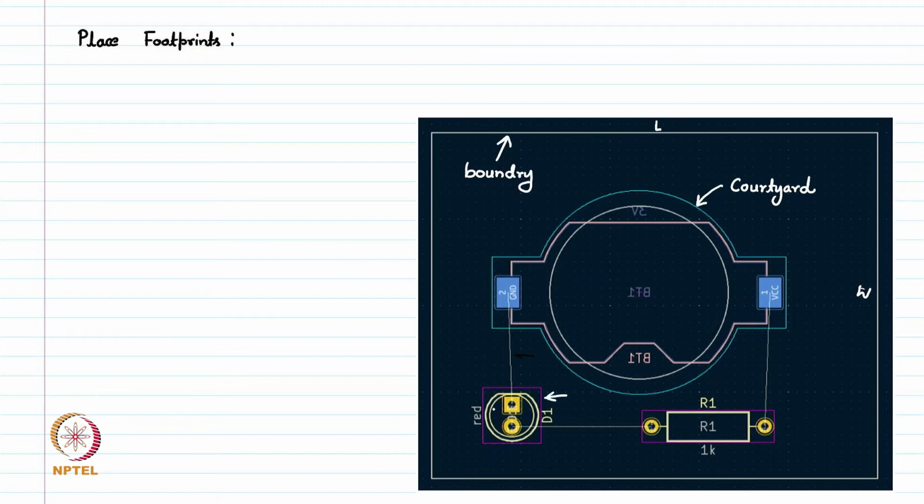This component, which is the LED, has this courtyard, and we should not put this battery and LED so close that these layers are overlapping each other. So these are called courtyards, which need to not overlap among these components. We place all these footprints in such a way that no courtyard of one element overlaps another courtyard.